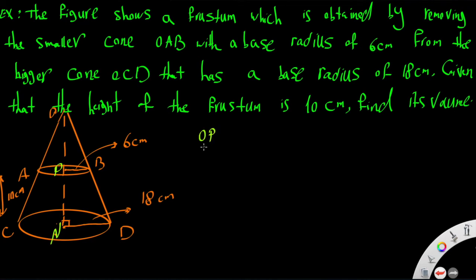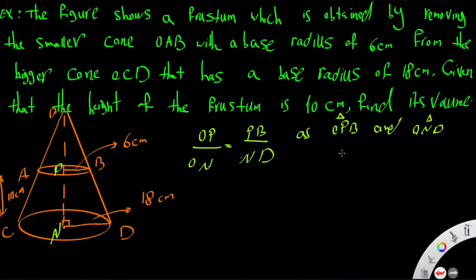We know that OP to ON is equal to PB to ND, as these two triangles are similar triangles. The OPB triangle and the OND triangle are similar.